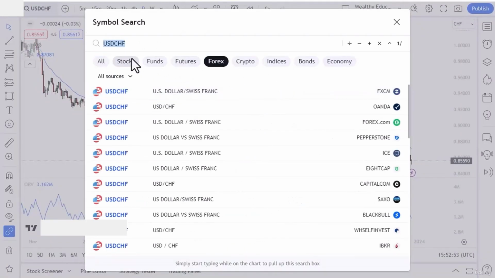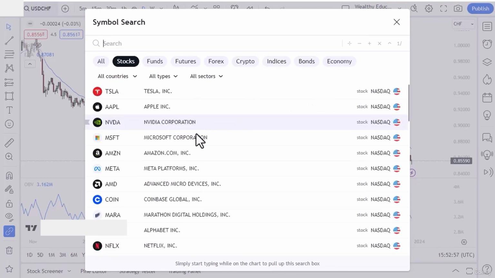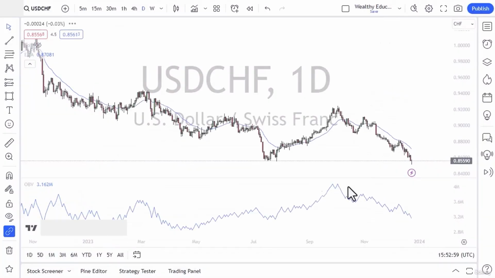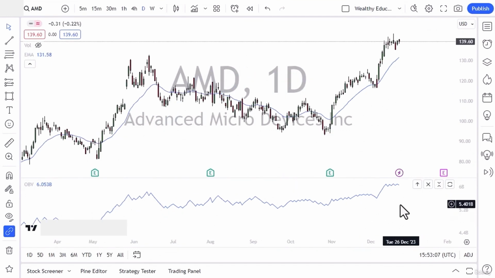Let's go back to stocks. AMD, big move higher. Is volume picking up? It is. Now, the one problem you have with this is it's not spiking, but then again, and I should quantify this, it's not spiking in volume quite the same way it is in price.